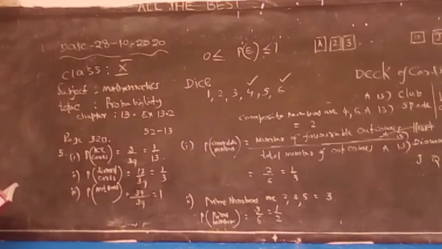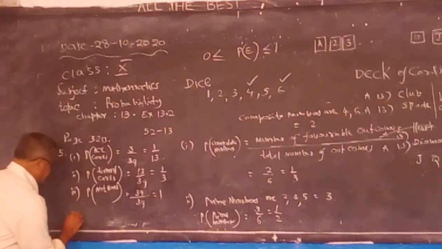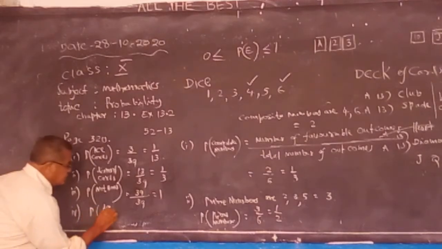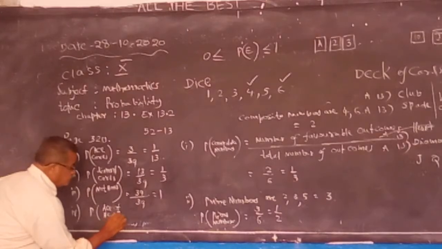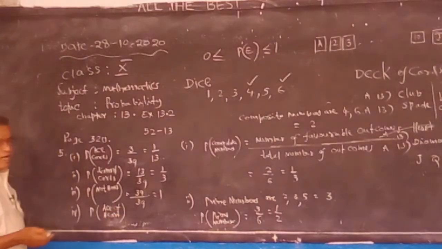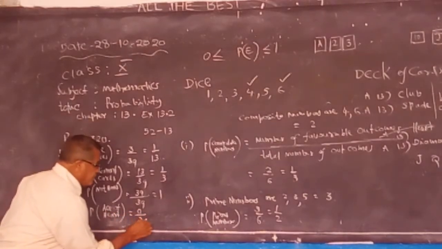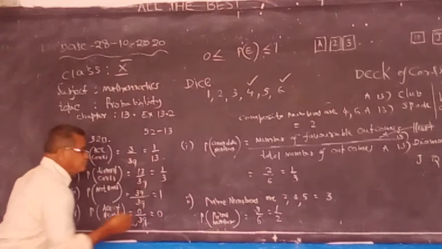Okay, getting the ace of hearts. Probability of the ace of hearts. We already know the heart cards are removed, so there is no availability. So 0 by 39, the answer is 0.